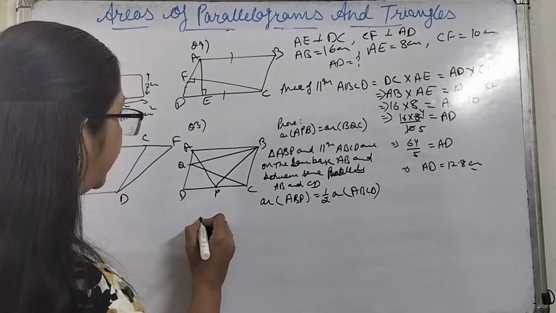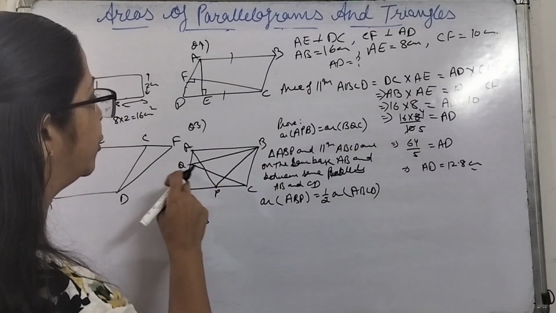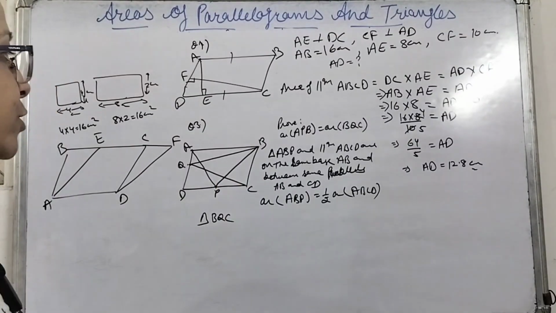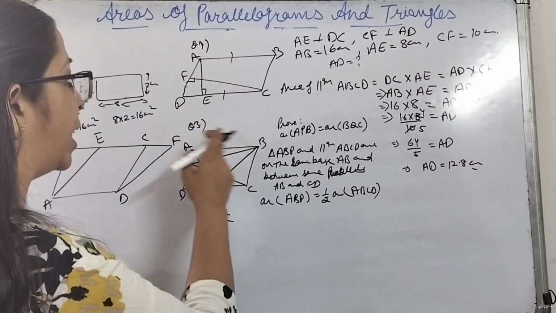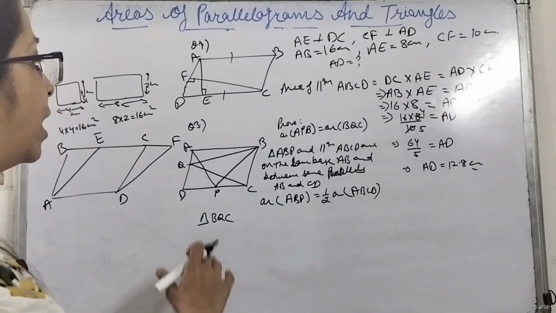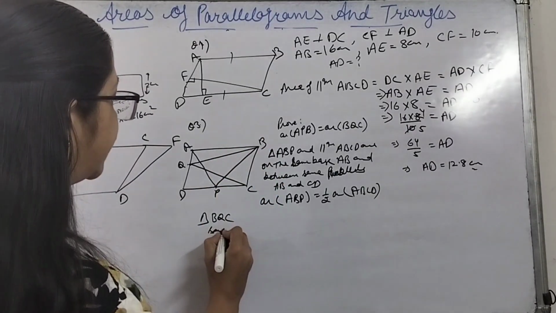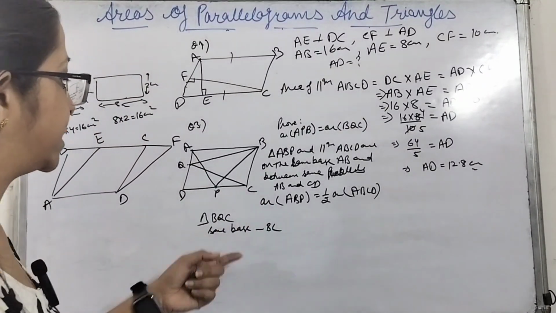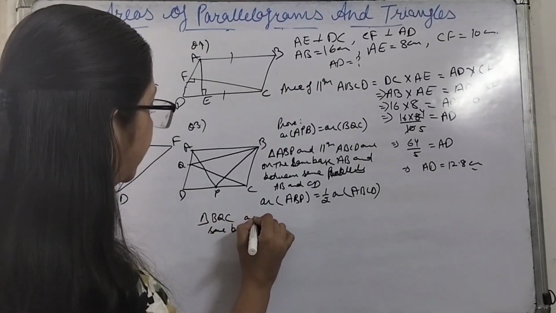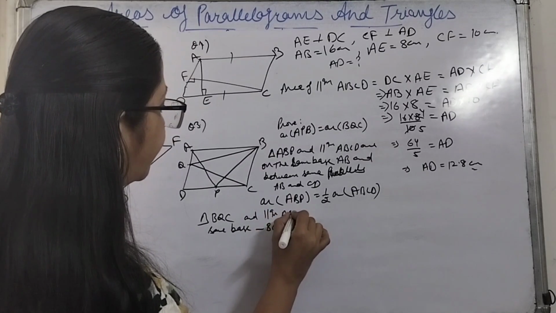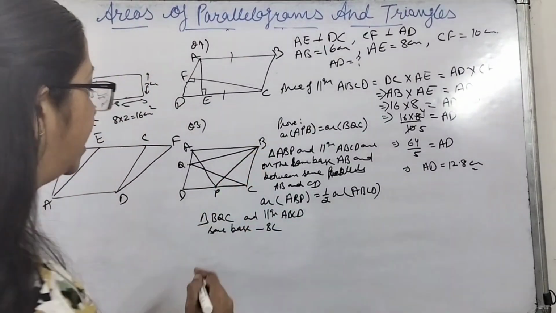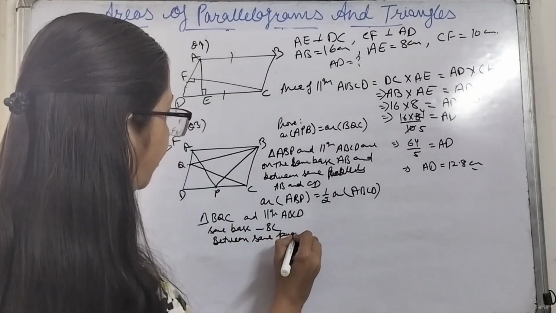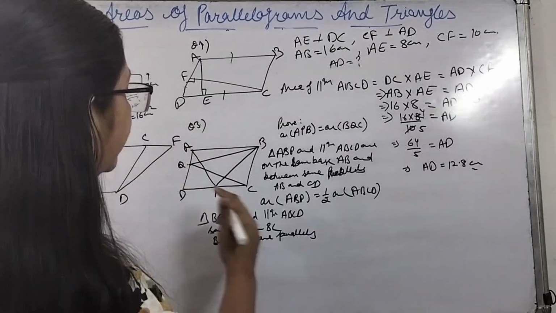Now we will be considering triangle BQC. Triangle BQC and the parallelogram ABCD are on the same base, that is your BC, and between the same parallels, that is BC and AD.